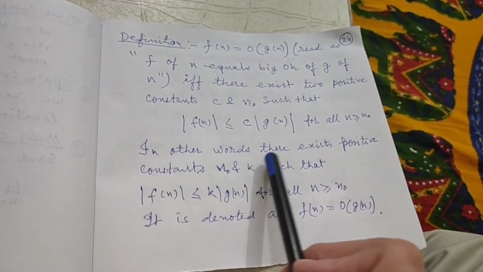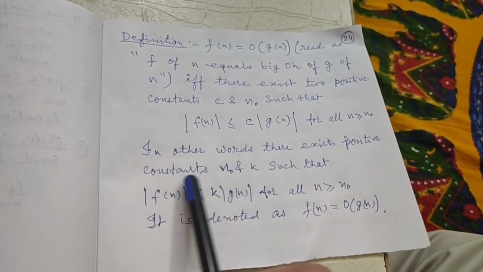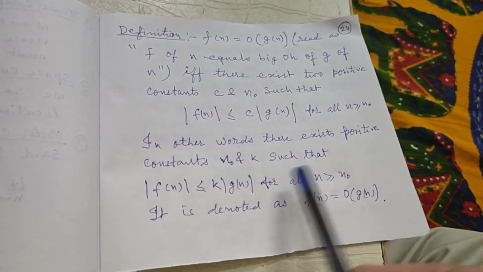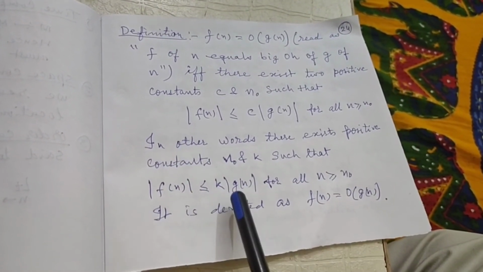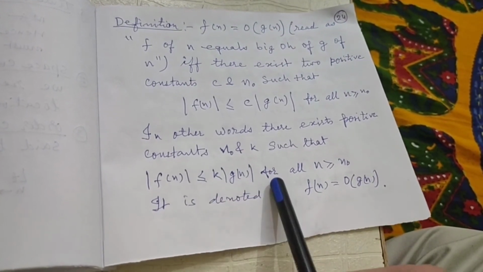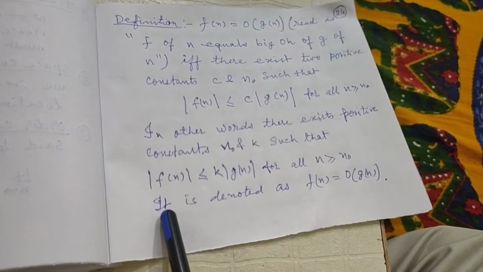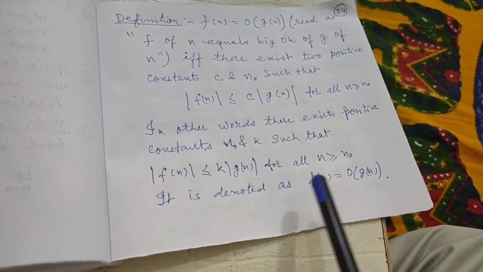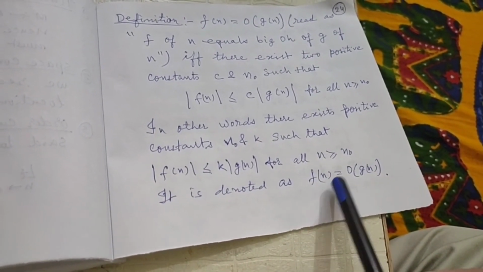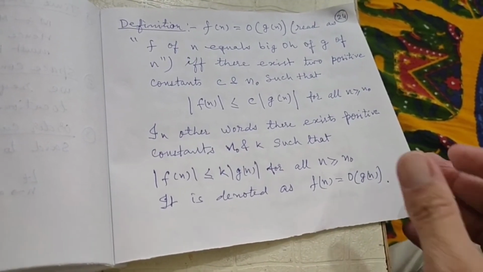In other words, there exist positive constants k and n0 such that f(n) is less than or equal to k times g(n) for all n greater than or equal to n0. It is denoted as f(n) is equal to big O of g(n).